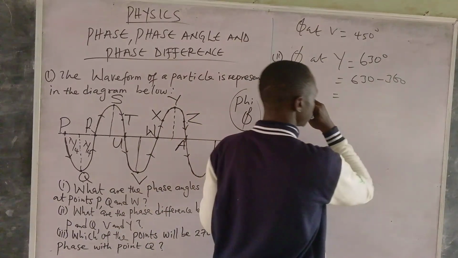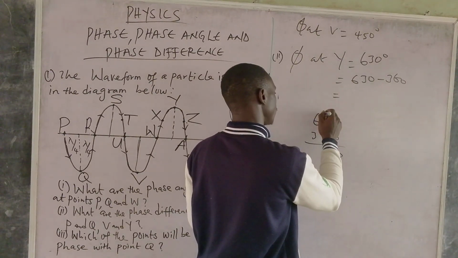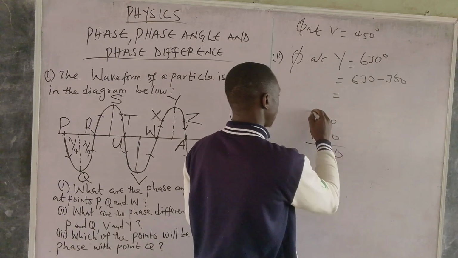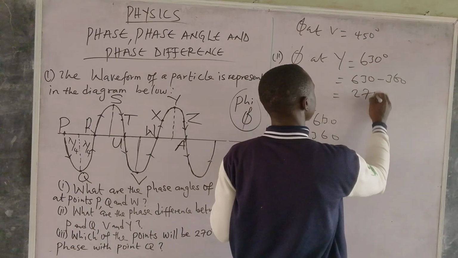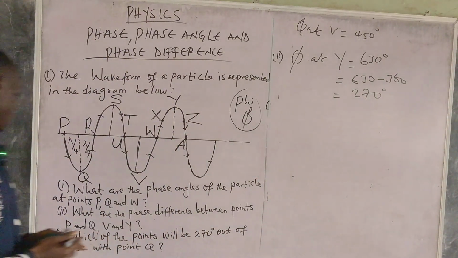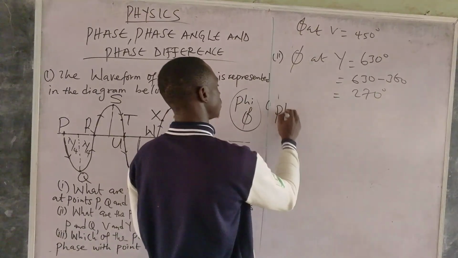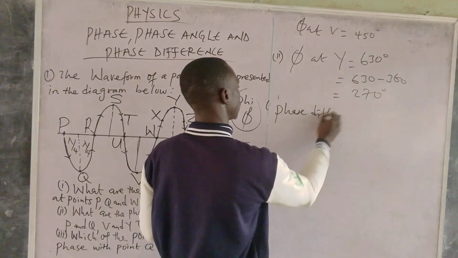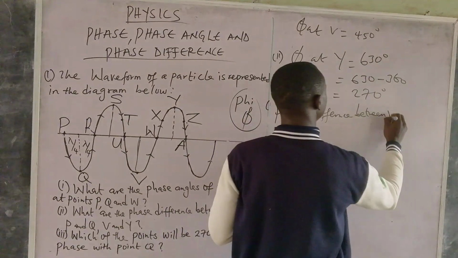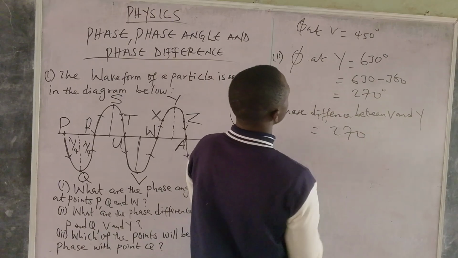So that's 270 degrees. So we can now find the phase difference between V and Y. The phase difference between V and Y will now be equal to 270.